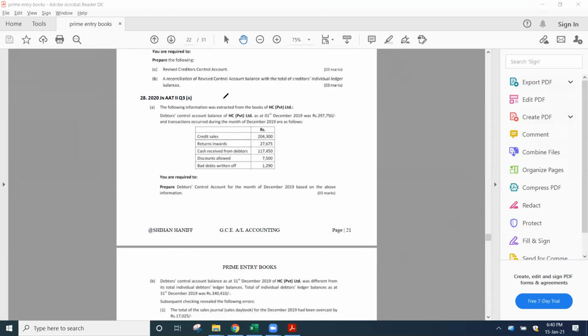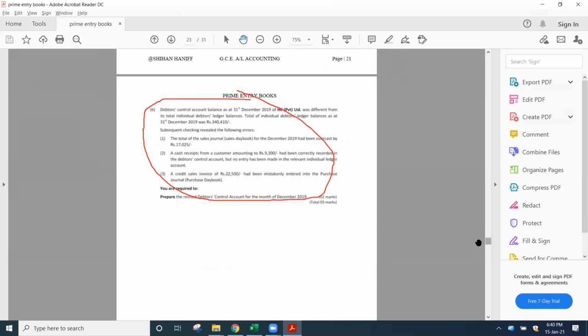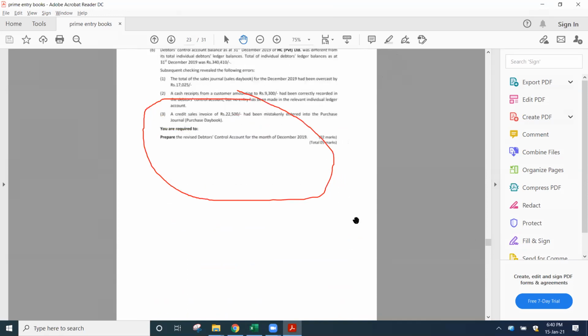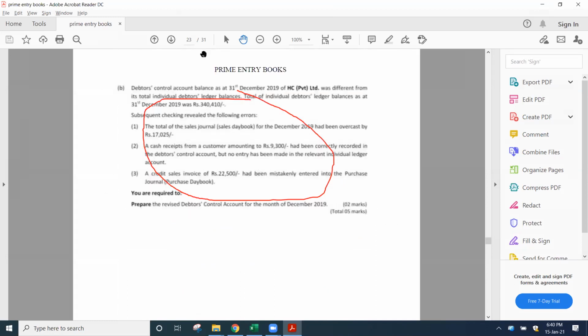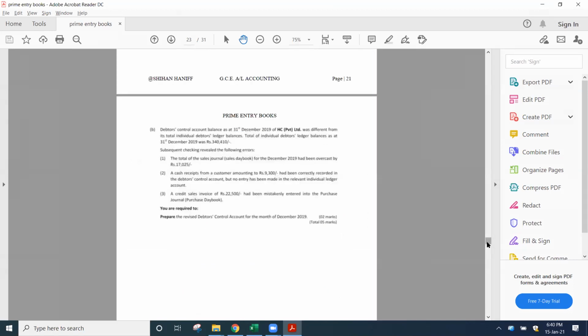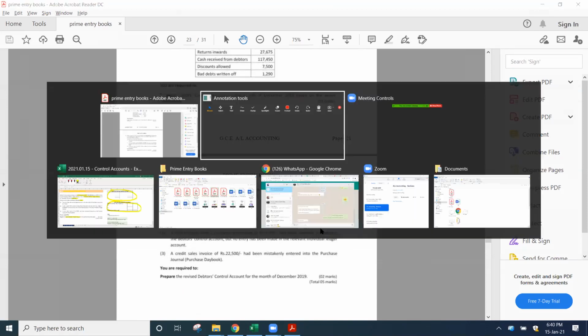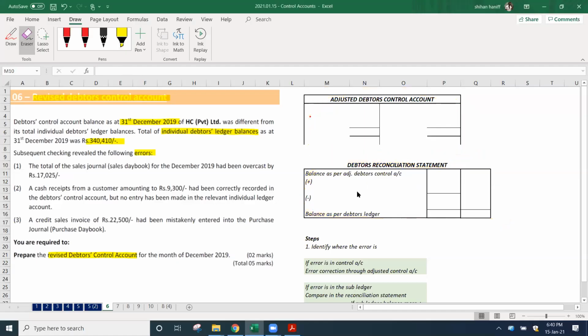This part I didn't put; I have put the second part, page number 22. Okay, right. So let's start the question.